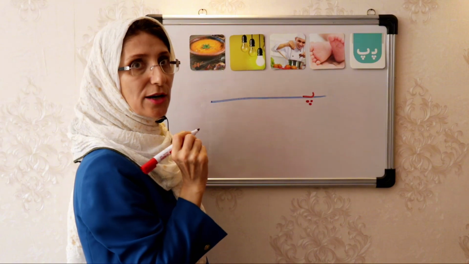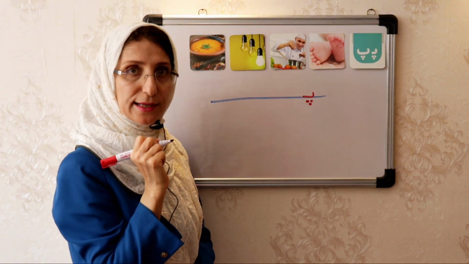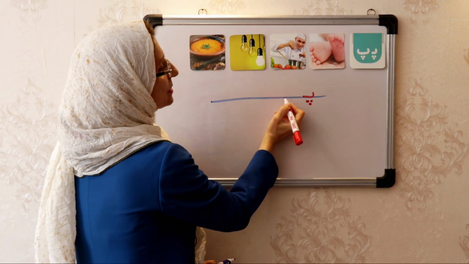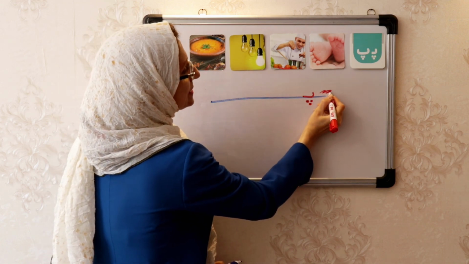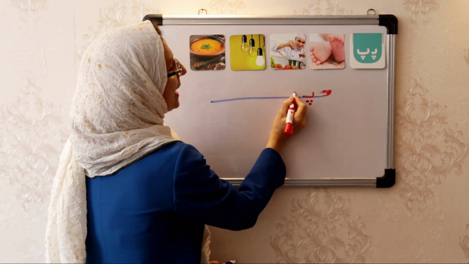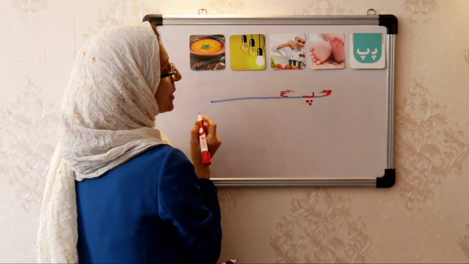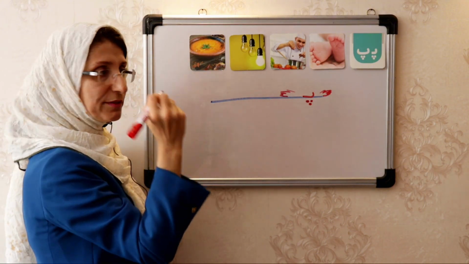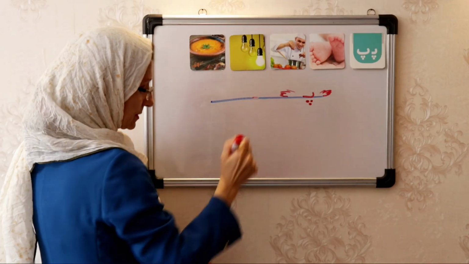P اول comes always at the beginning or in the middle. When it comes in the middle, this P takes the previous sound and the next. For instance, when it is connected to the previous sound, look at here.